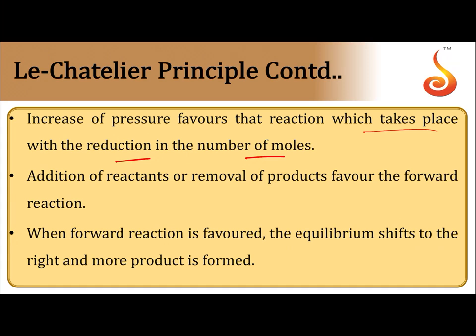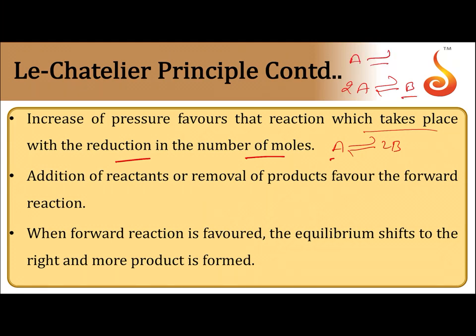For example, when you take a reaction like A giving rise to 2B, if you increase the pressure, the reaction moves in the backward direction, because in the backward direction we have fewer moles. Suppose you have a reaction like 2A giving rise to B. If pressure is increased, it moves in the forward direction, because in the forward direction we have fewer moles.